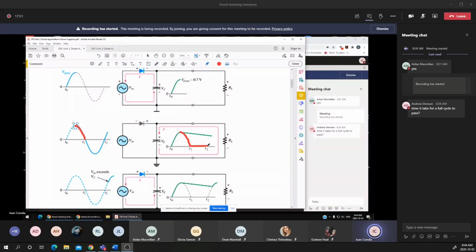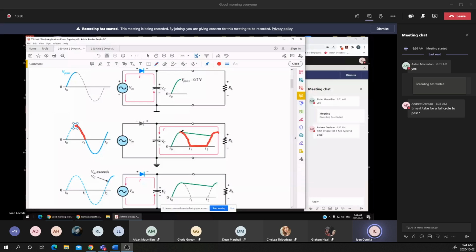For the second sine wave, the voltage slowly increases until the two voltages are the same, and the capacitor voltage will increase again to the maximum.